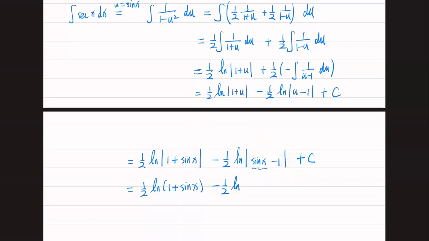Again, it's a little bit tricky. If we look at this one, sine x is from -1 to 1, so sine x minus 1 is always negative. To get the absolute value, we have to flip the sign. We end up with 1 minus sine x.